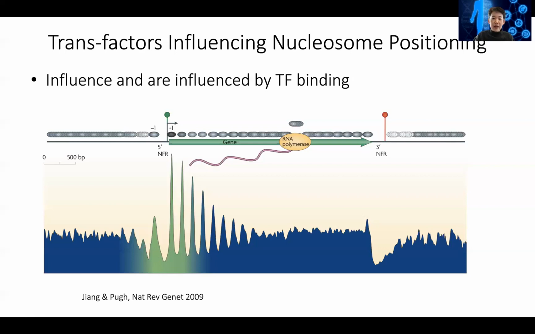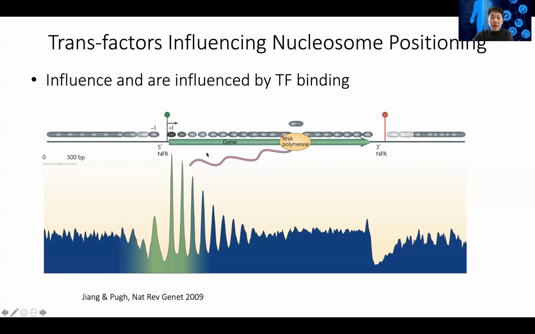Nucleosome positioning can influence transcription factor binding, but they are also influenced by transcription factors. Polymerase 2, which has a very strong propensity to bind there, can actually squeeze out the nucleosome and force the nearby nucleosomes to be better positioned as well, although this can gradually go out of sync over distance.